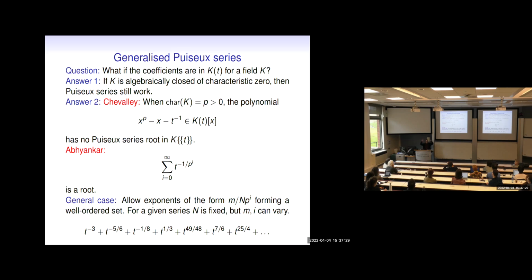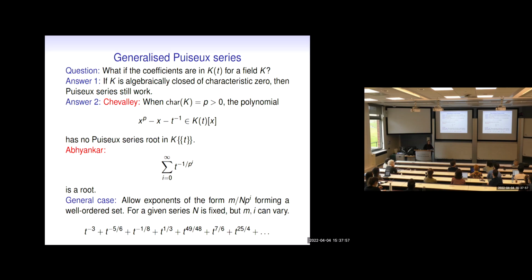Whenever you do these sorts of generalized power series, you have to worry that when I multiply two series, the product is well defined. For ordinary power series, multiplication is well defined because there's only a finite number of terms of this times this adding up to a given exponent. But once things are no longer discrete, you have to worry. And it turns out well ordering is a condition that makes it work.